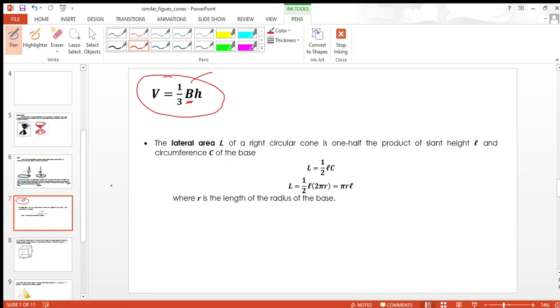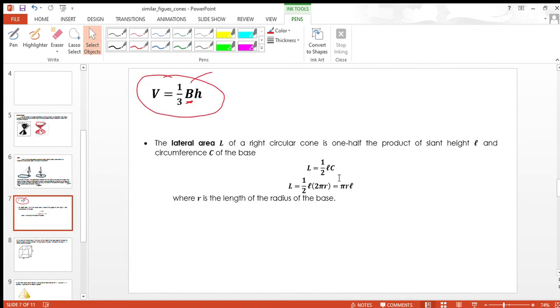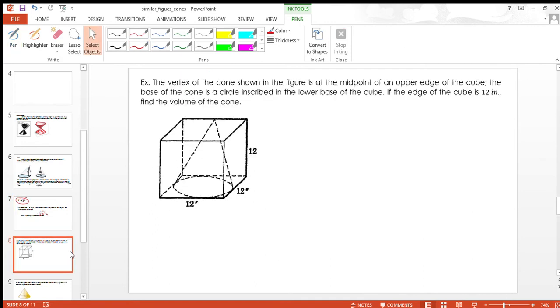Now, instead of using perimeter, since we consider a circular base, the counterpart of the perimeter earlier is now the circumference, which is 2 pi r, right? Times 1/2. So the 2 and 2 will cancel out. So the lateral surface area is pi r L, where L is, again, the slant height. The slant height is defined the same way as in the pyramids earlier.